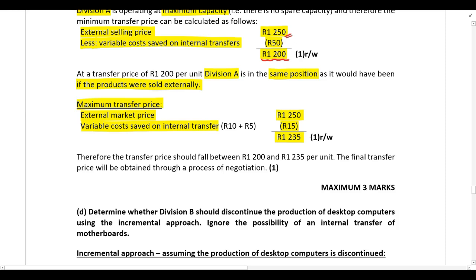All right, so the transfer price will fall somewhere between the minimum and the maximum. So it will fall between 1,200 and 1,235 Rand per unit. And the final transfer price will be obtained through a process of negotiation between the two divisional managers. All right, and that then answers part C of the required.